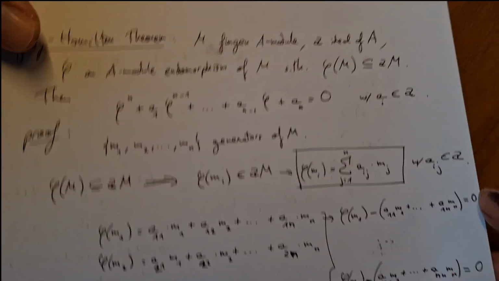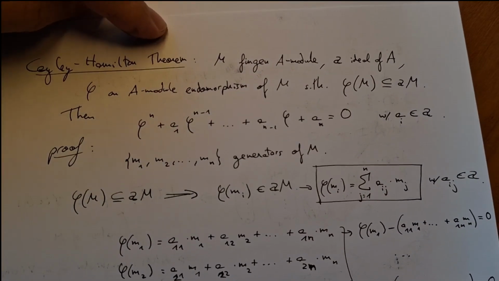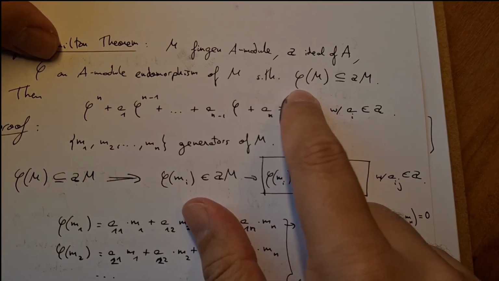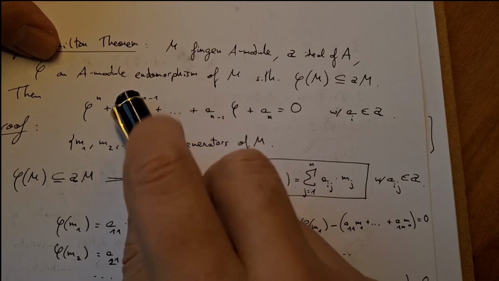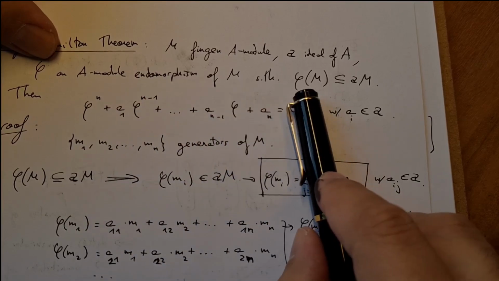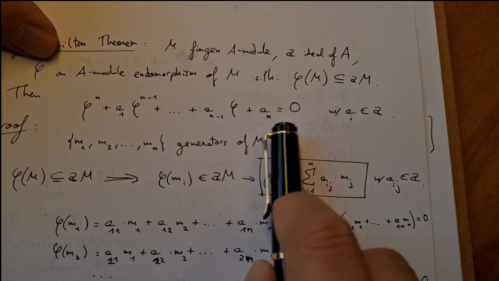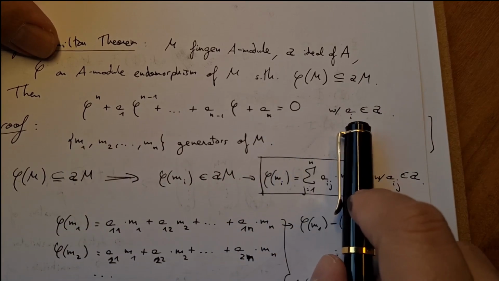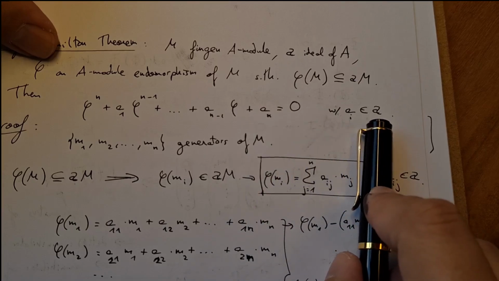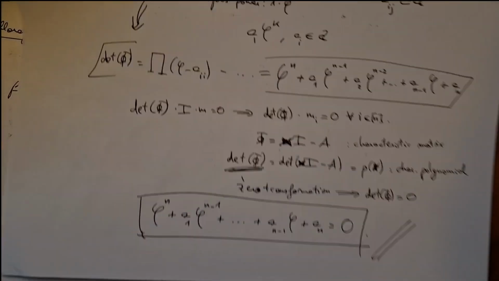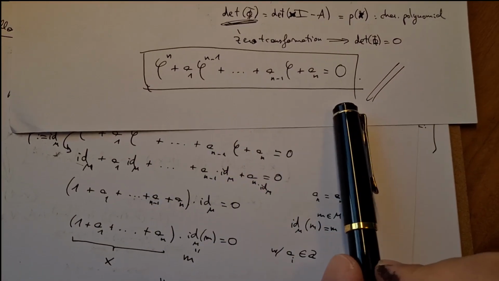So first we have seen the Cayley-Hamilton theorem, which states that when we have psi being an A-module endomorphism of M, such that psi of M is a subset of AM, then we have this equation being equal to 0, where all the coefficients of the terms are elements of the ideal A. To do so, we went over all those matrices with this diagonal shape, so that we could eventually prove that this holds true.